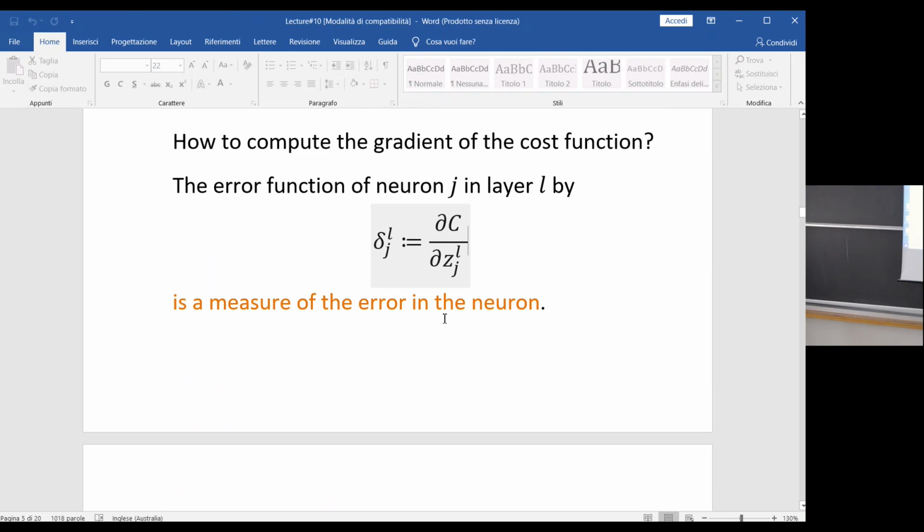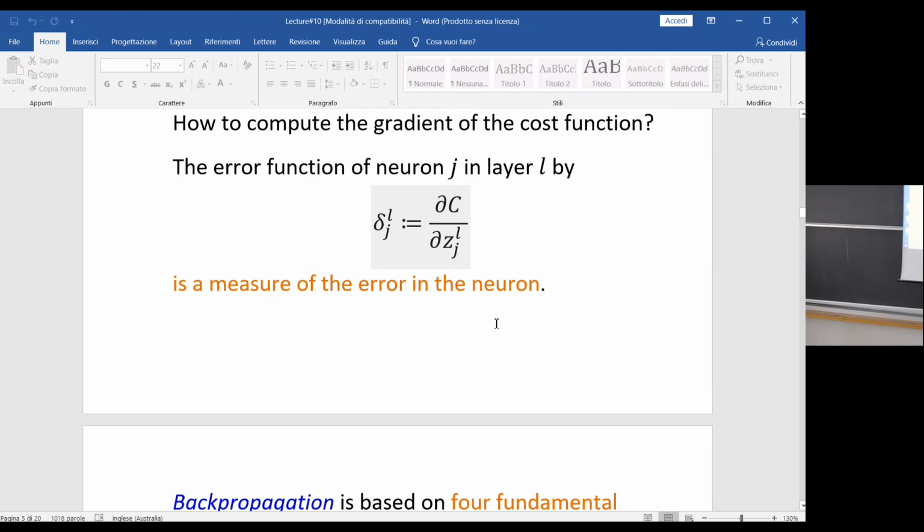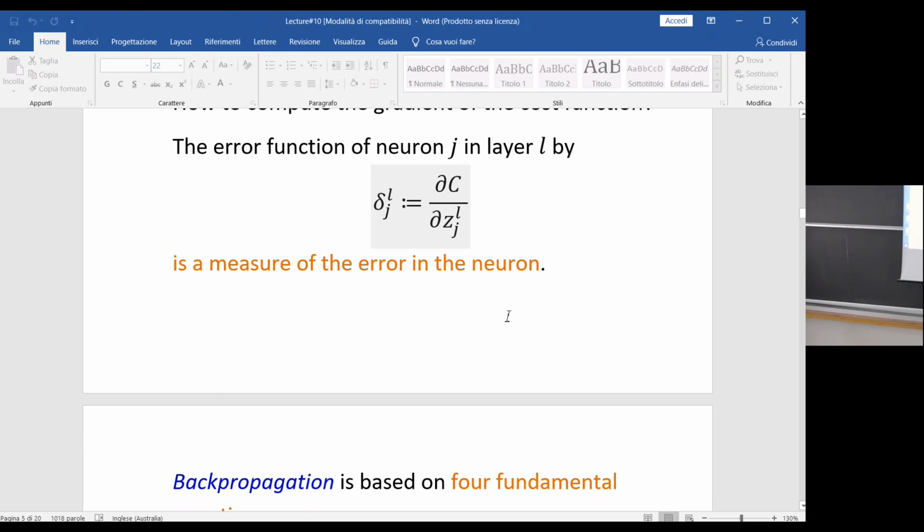And we take it as the error of the neuron. There is some motivation to choose such an error function and then to evaluate all our gradients through this error function.